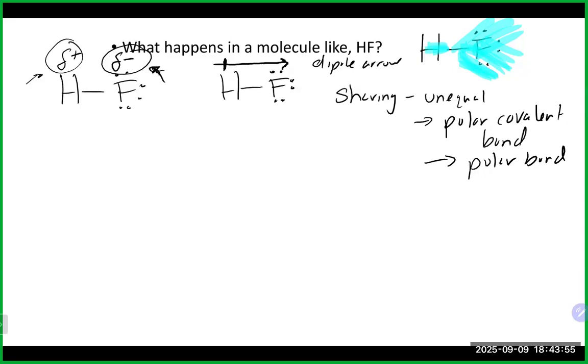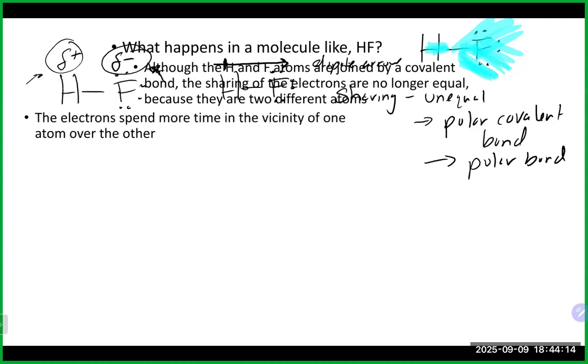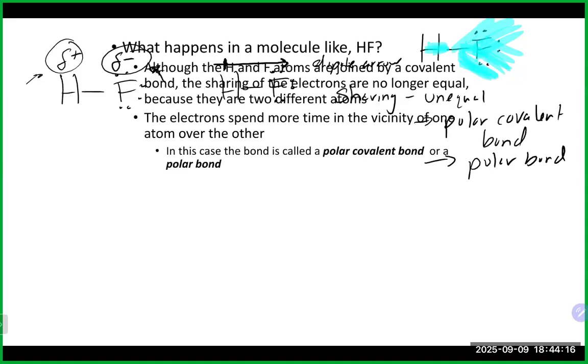And that's why I said earlier, you could think of a nonpolar bond as like a neutral bond. Because the electrons are shared equally, there is no side like we see here that has more electrons hanging out than the other. So it's kind of like no charge on either side of that bond. And here we do end up with a polar bond. That's essentially what we just talked about, a polar covalent bond.